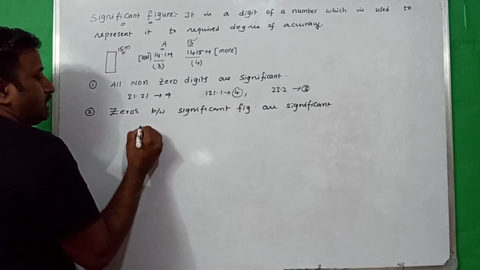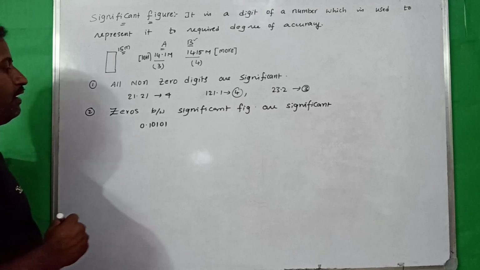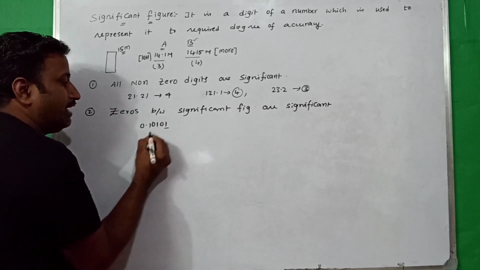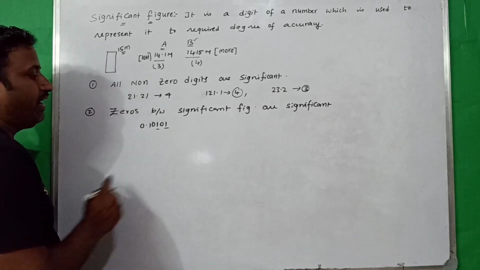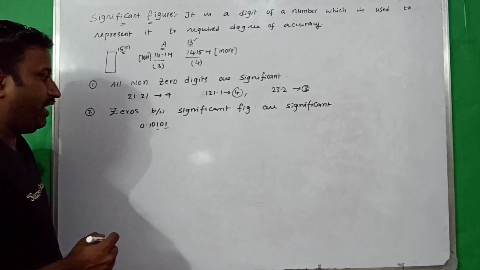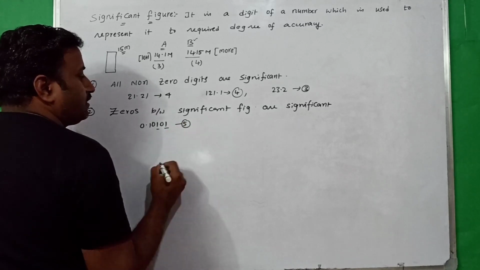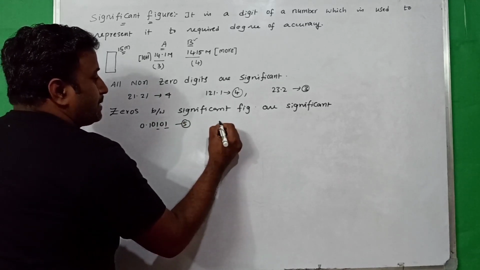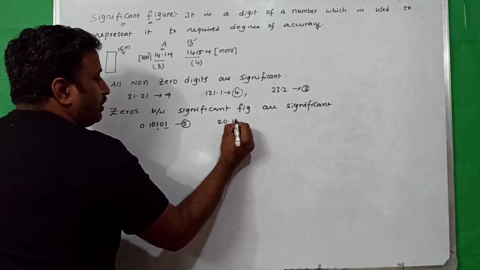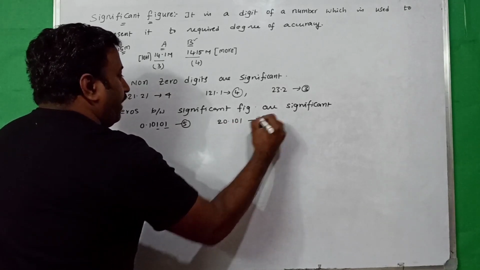If 0.10101, now this is significant, this one is significant, and the 0 in between two significant figures is also significant. Then we can say here we have 5 significant figures. In the same way, 20.101, the number of significant figures is 5.